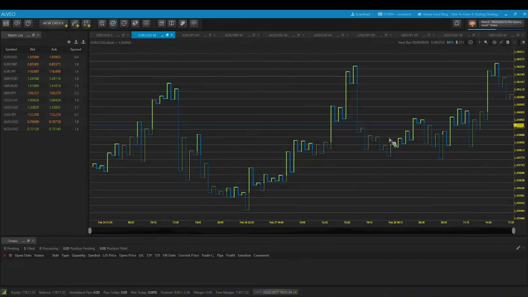On this, color variation is just like candlesticks. So when you're getting upward, when you're getting a bullish candle, it's going to be yellow. When you're getting a bearish candle, it's going to be blue. So all of these are just bullish and bearish signals, just like candles. They're just in a bar hybrid shape.